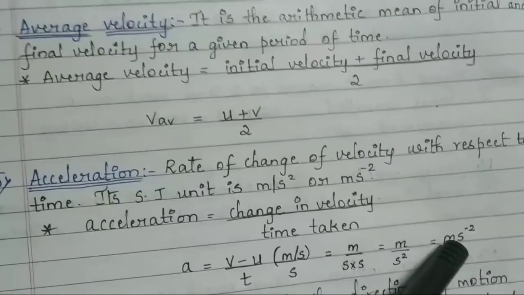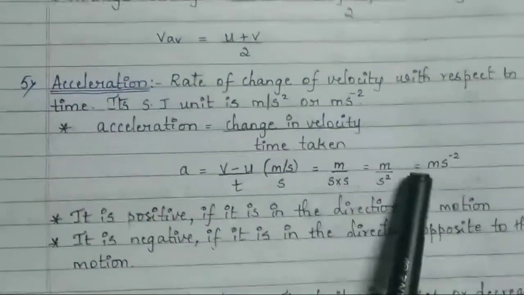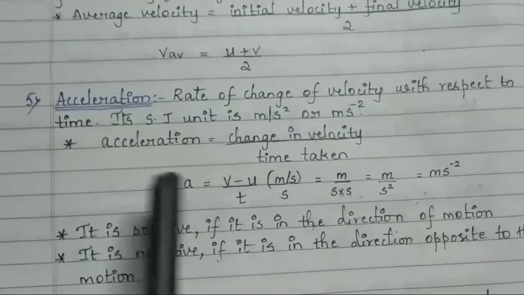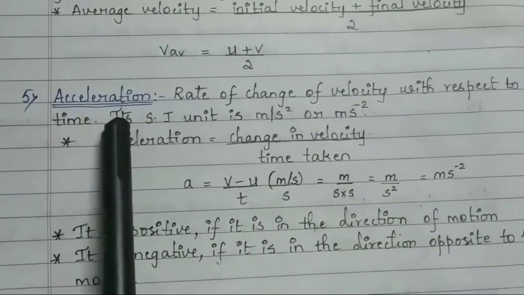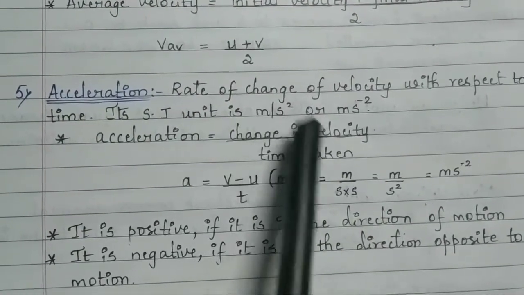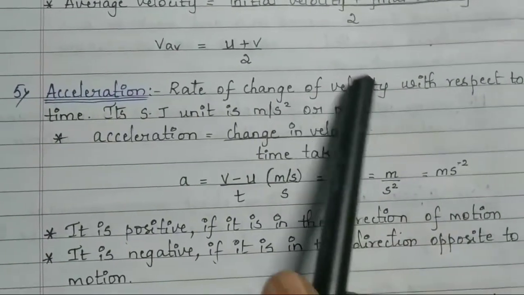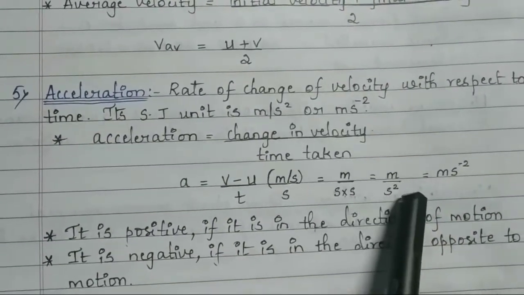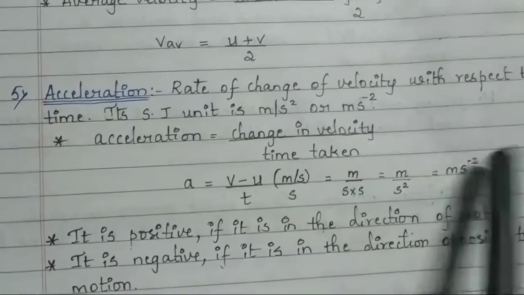This is how we get m s^-2 as the SI unit of acceleration. So the SI unit is meter per second square.